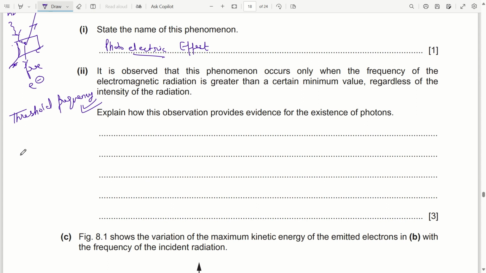Only then it will be liberated. If the incident energy is less than that, then the electron would not be able to move.